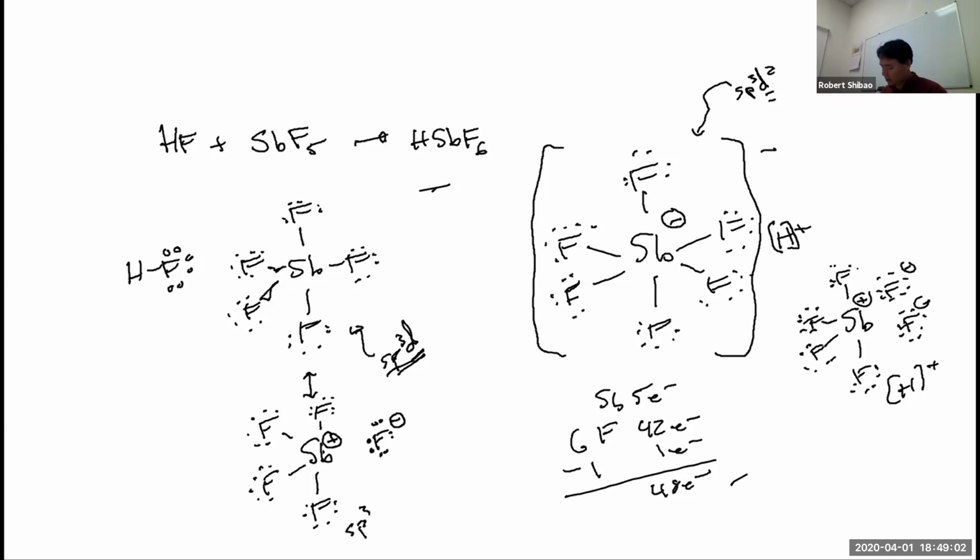Well, I would have accepted either. Something like this with an expanded octet, so this would be sp3d2, something like that, and then 2 fluorides ionically bound and then a hydrogen ionically bound to this whole thing, which would be an ion.